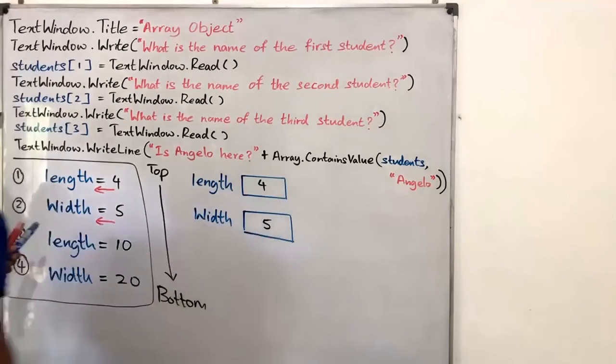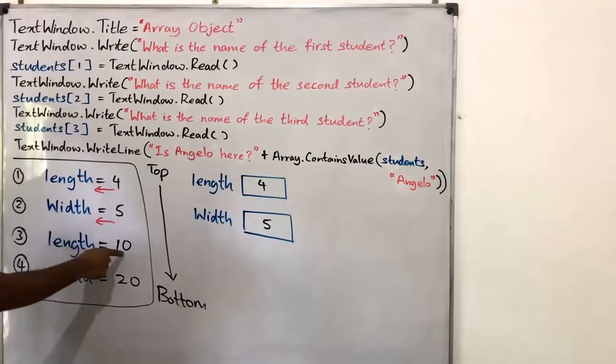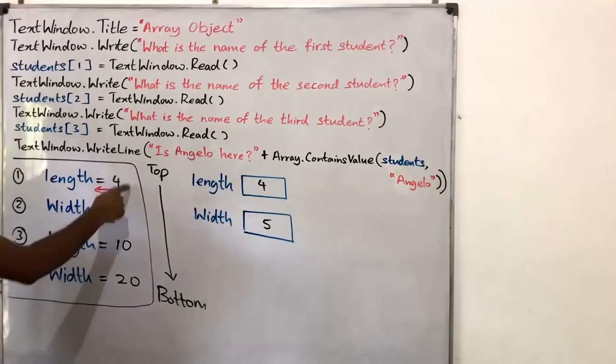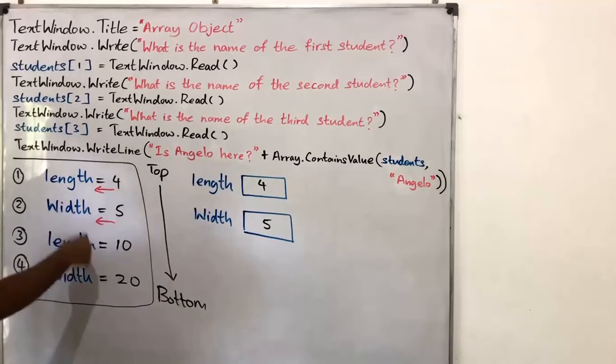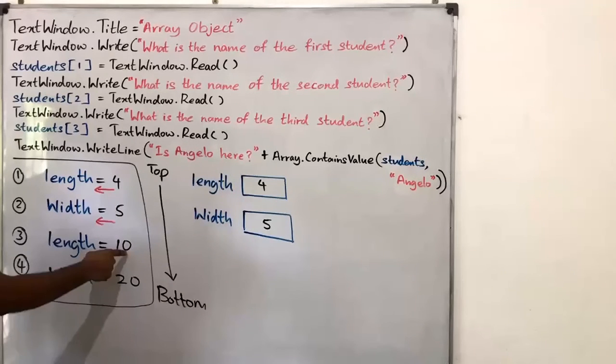After that, again length equal 10. After executing these two statements, the computer moves to the third statement. In the third statement, again 10 is registered under the name length.